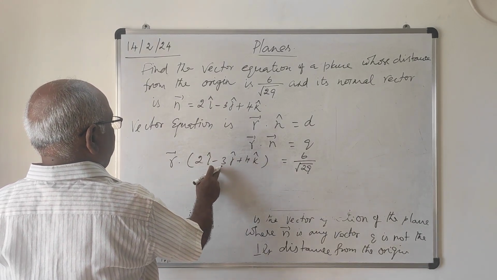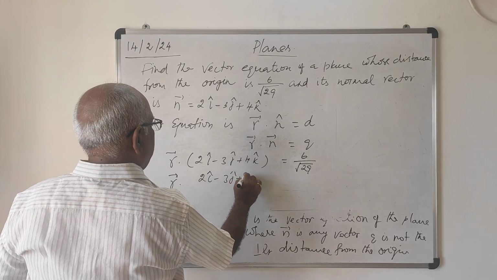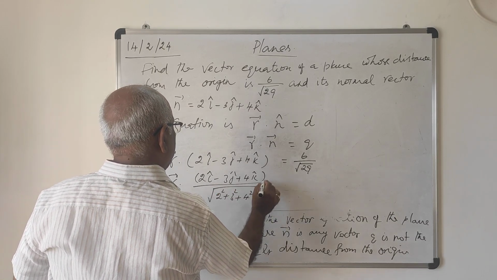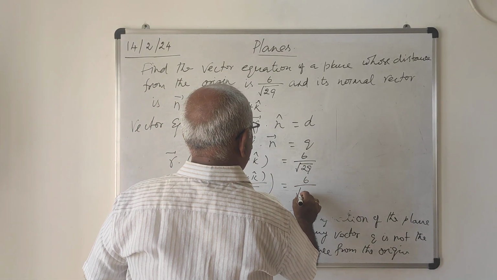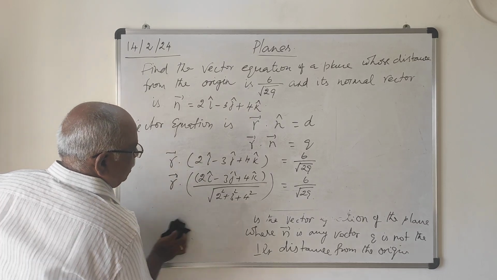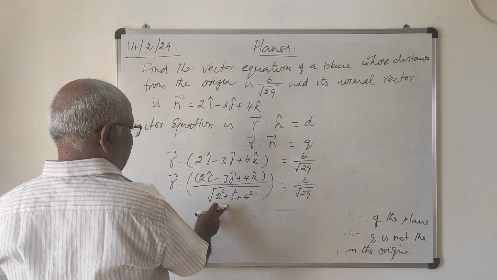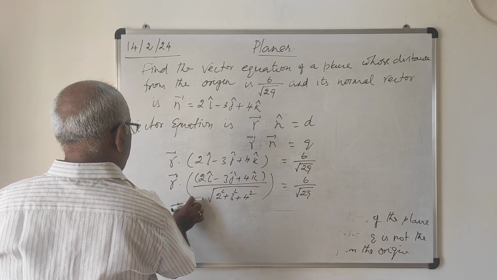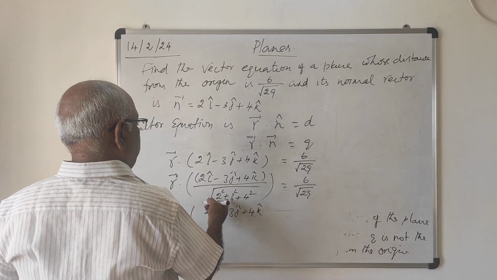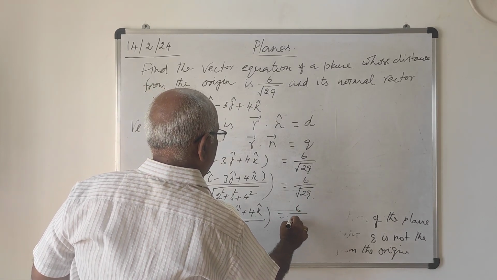You convert this n vector into a unit vector. n cap is 2i minus 3j plus 4k divided by the square root of 2 square plus 3 square plus 4 square, which is root 29, and the distance is 6 by root 29.